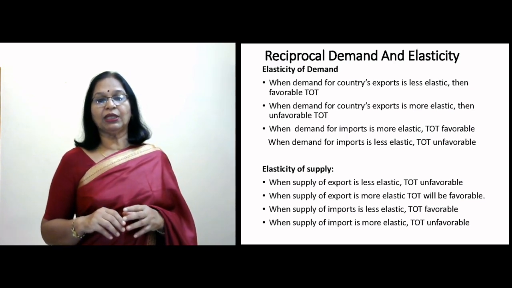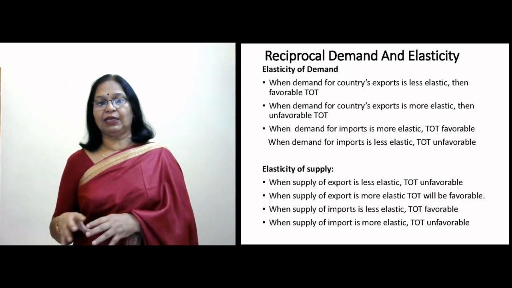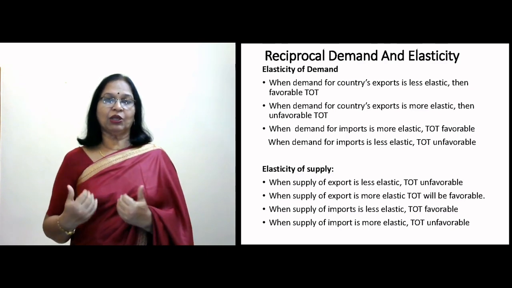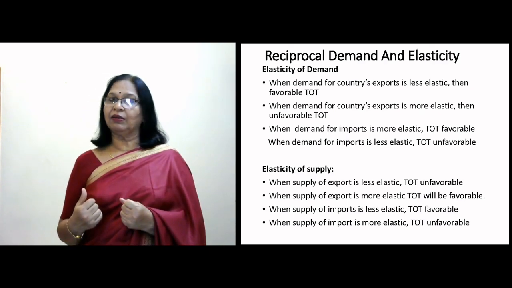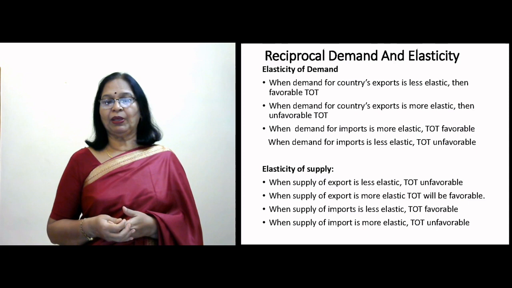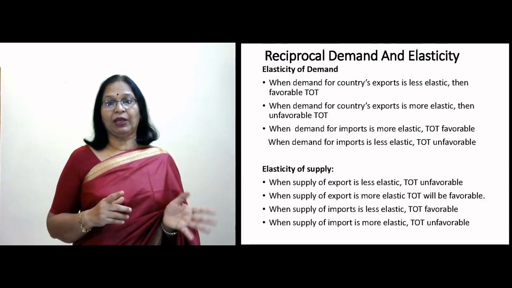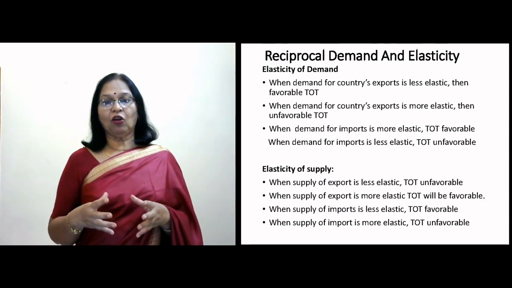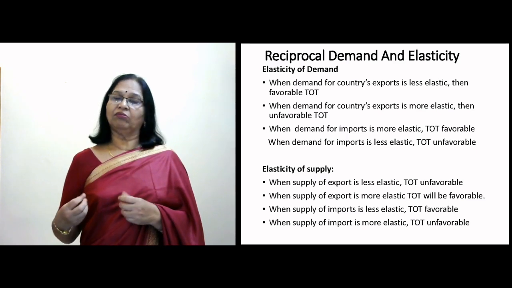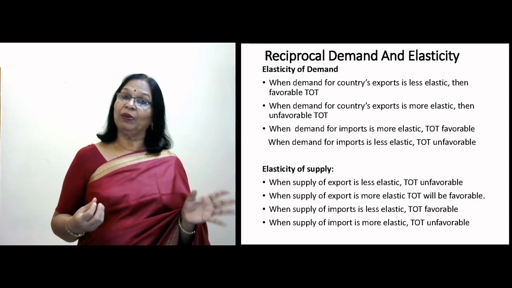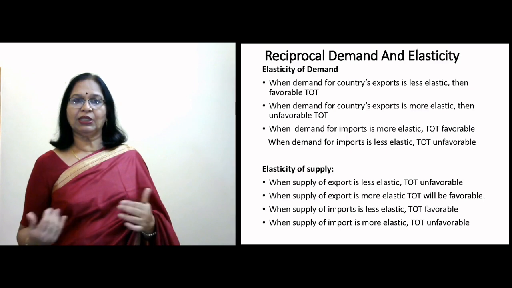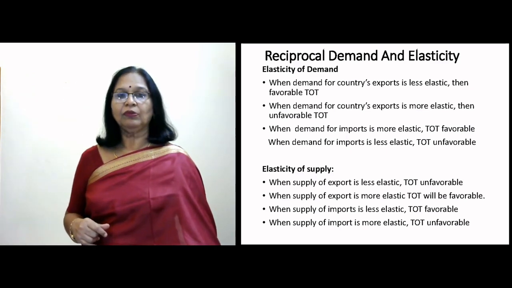And when the supply of import is less elastic, so if the imports that are going to come into the country are less elastic, then the trade will be favorable for that supplying country. And when the supply of import is more elastic, then the terms of trade will be unfavorable to the country which is supplying the imports.